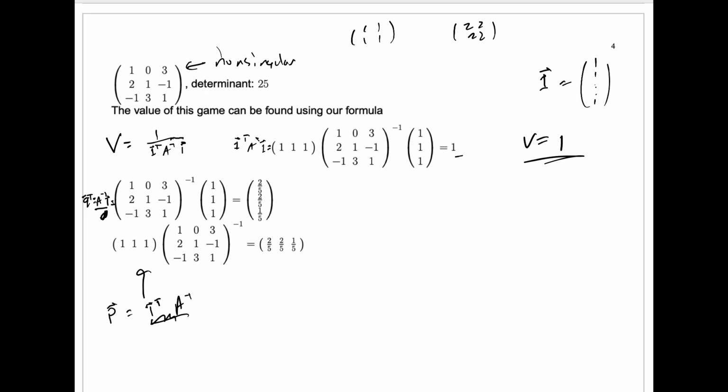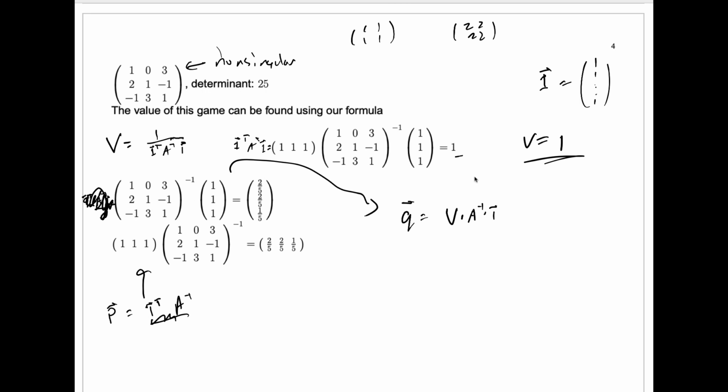So let me rewrite that, I'm sorry. Here, the optimal strategy was just the value times 1 transpose times A inverse. And that's what we have here. I left out the value because the value was 1 in this case.